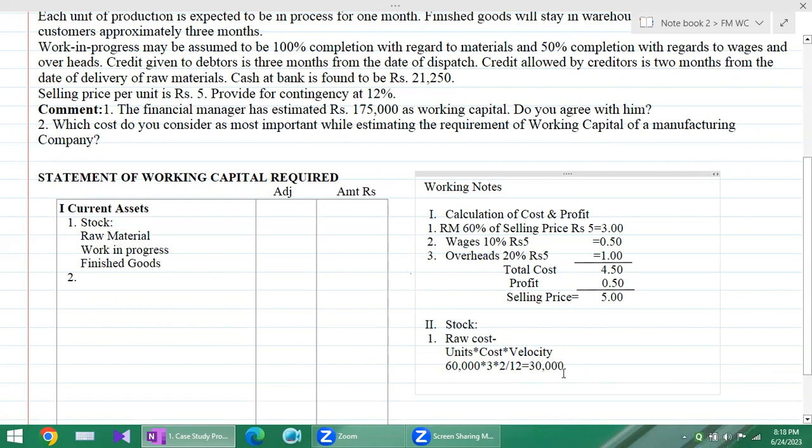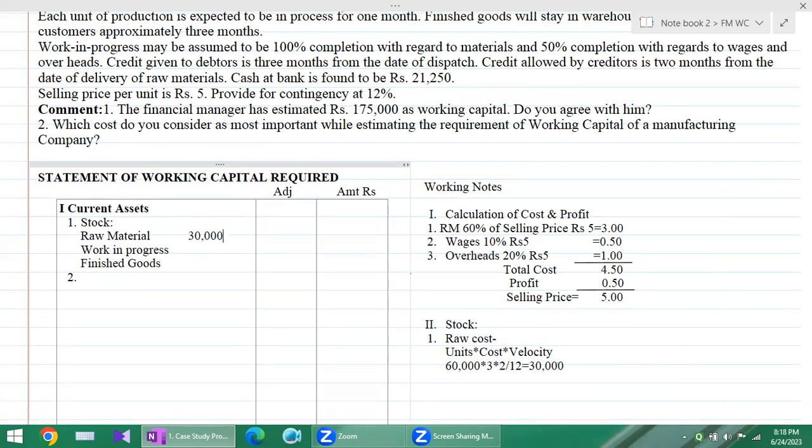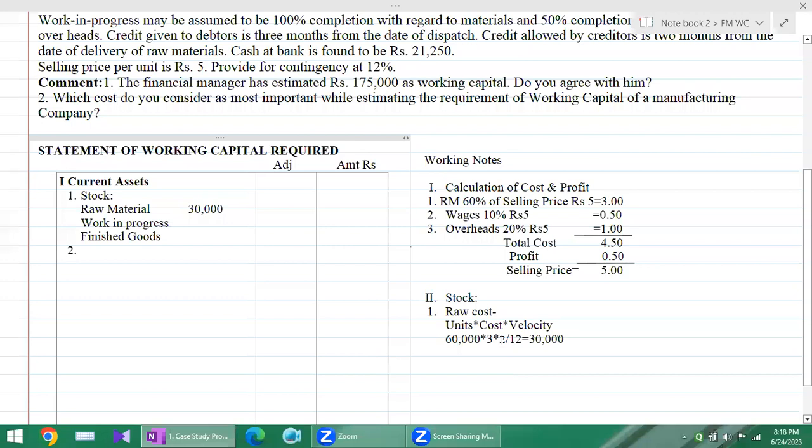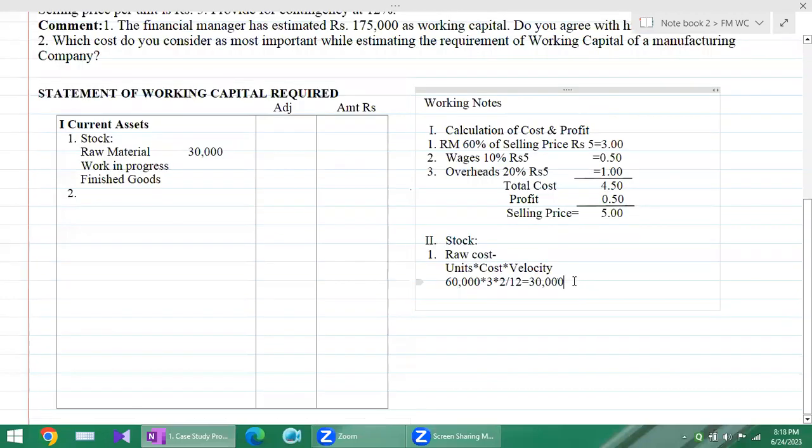Here I'll write rupees 30,000. Next, below this, I will take it as number 2.